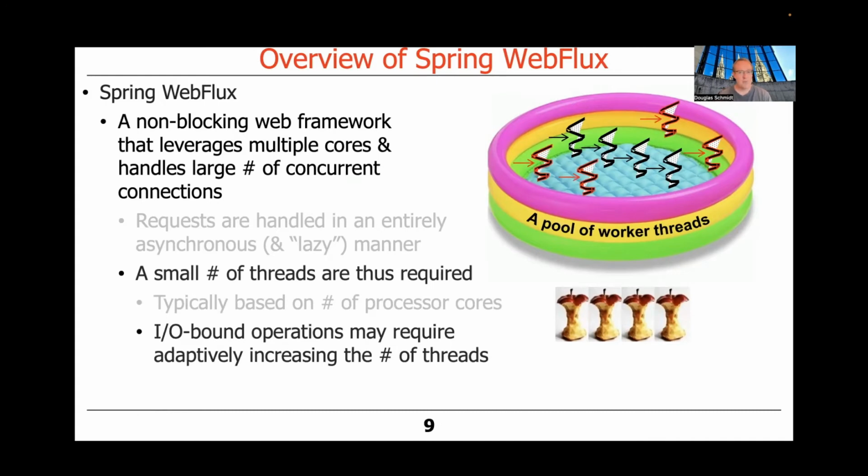Why do you need more than just the number of cores, you might ask? Because IO-bound operations may require the underlying thread pool to adaptively increase or decrease the number of threads based on IO-bound workload. This is a very interesting concept.